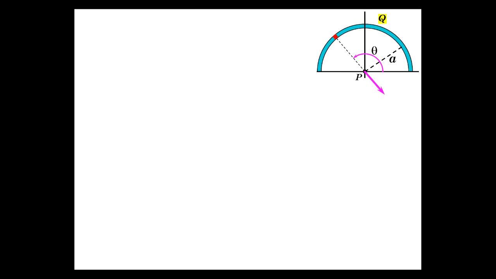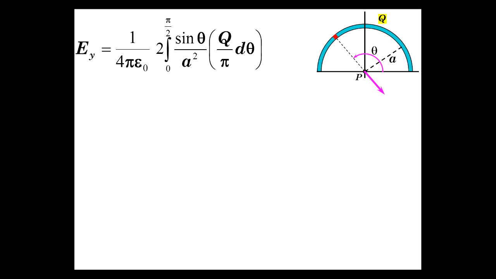So, E y is 1 over 4 pi epsilon 0 times all the rest that we just got, replacing dq with q over pi d theta. Now let's bring the constants out to the front. There they are.